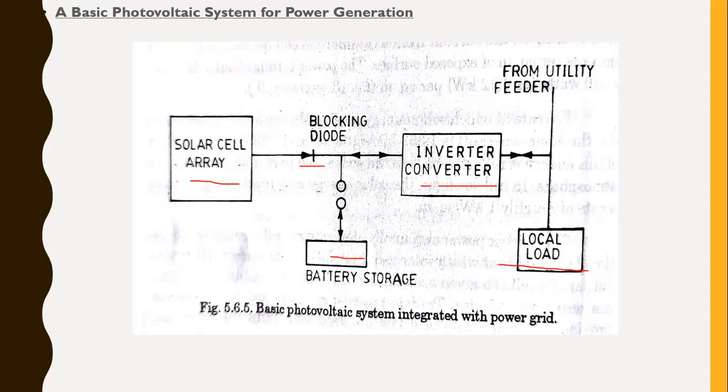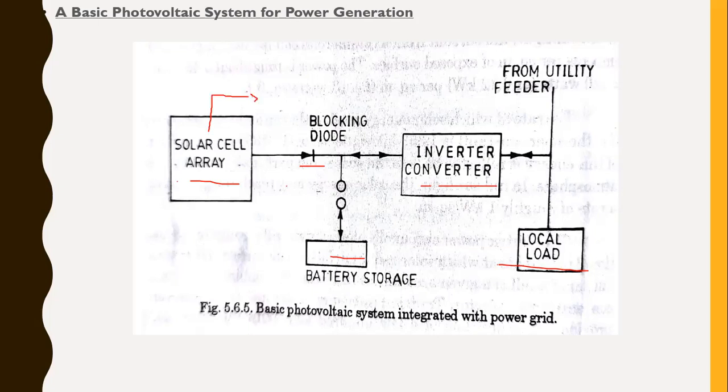This may be larger or smaller. This converts the insolation into useful DC electrical power. The solar radiation, the insolation, is converted with this solar cell into DC electrical power.